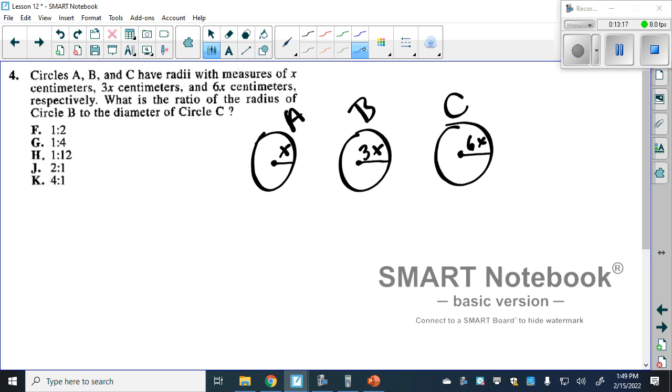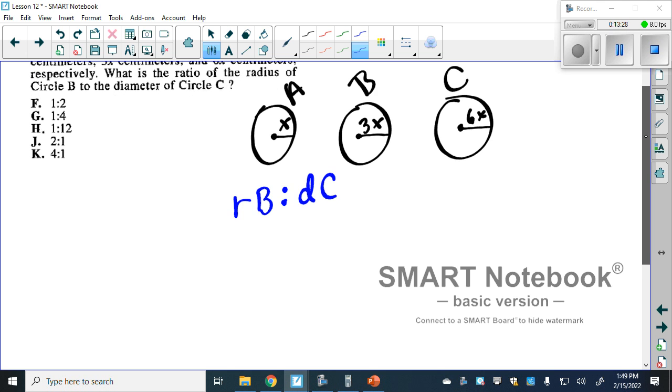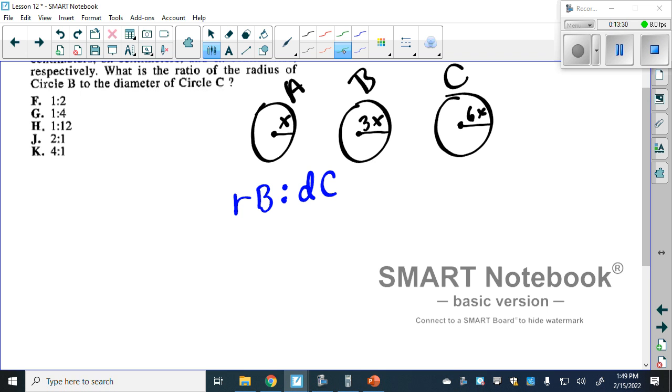Now it wanted us to compare the radius of circle B to the diameter of circle C. Well, what is the radius of B? 3x. Now the radius of C is 6x, yes? So what would its diameter be? Because the diameter is always twice the radius.